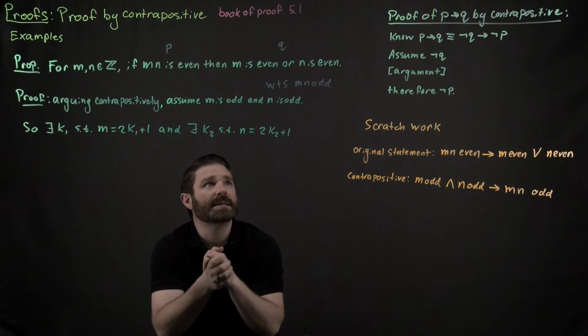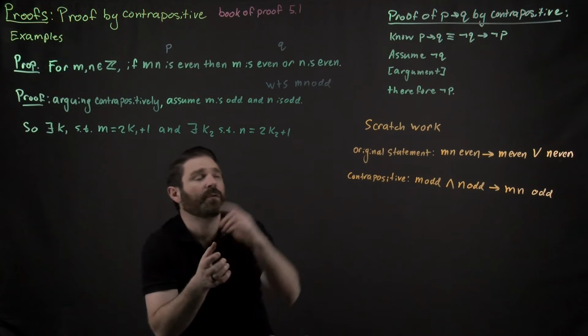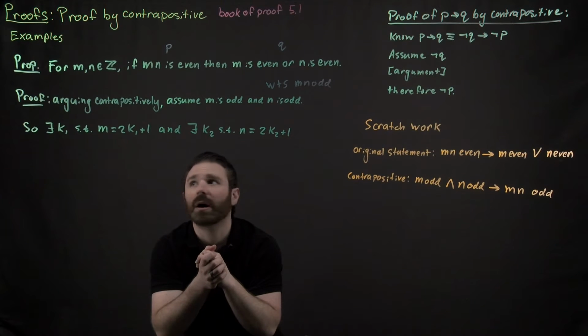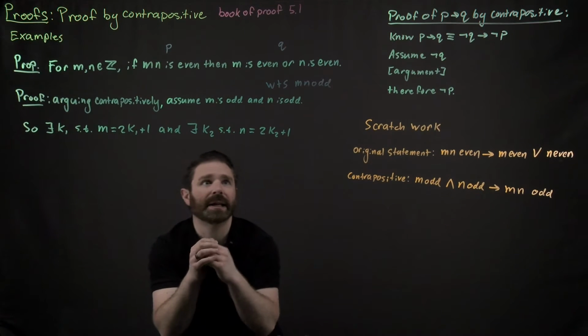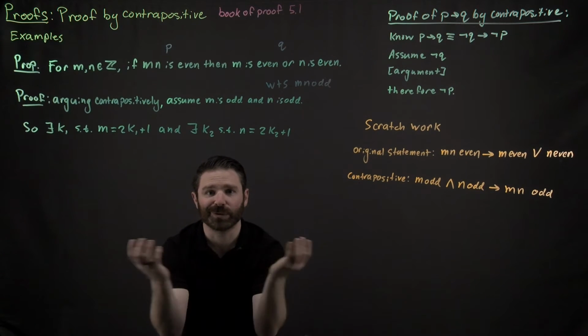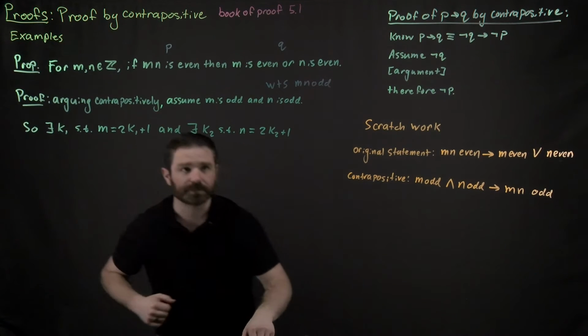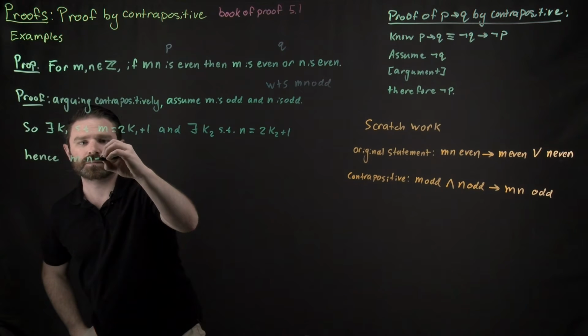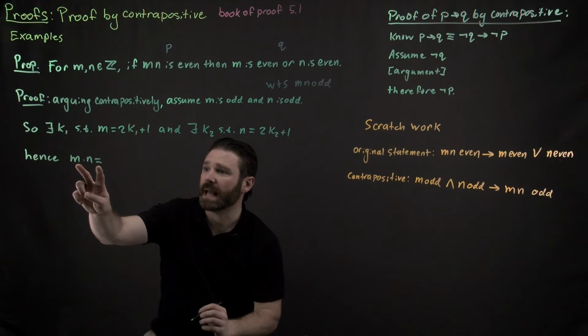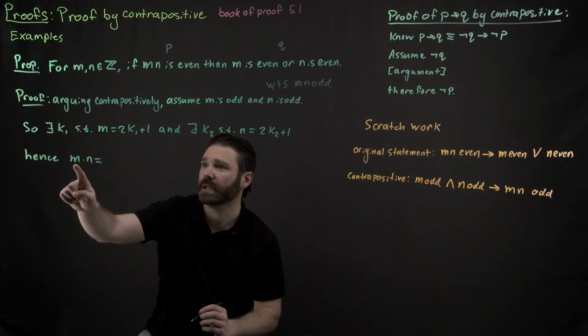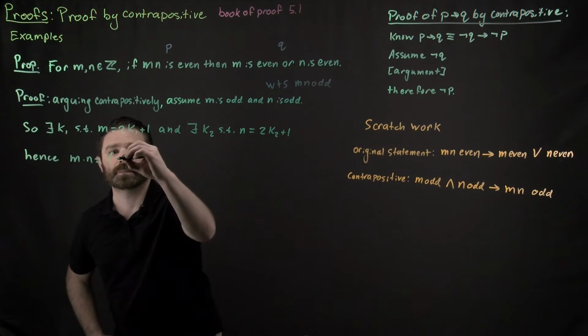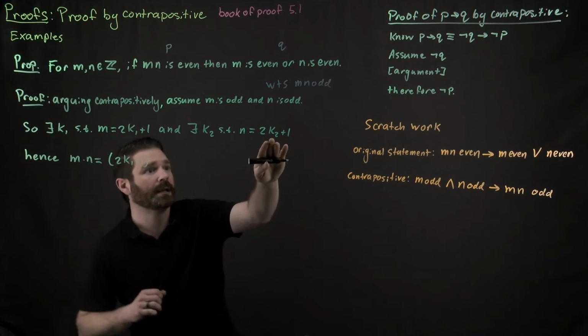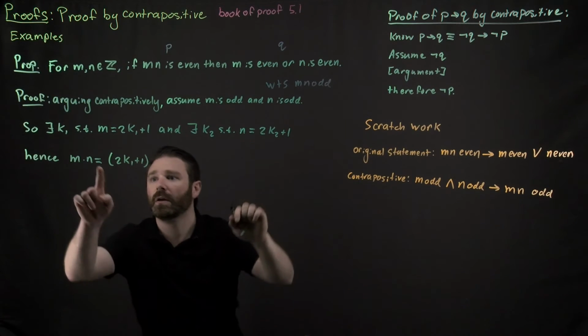And so the cool thing about this is it immediately makes us think, well, if what I'm trying to show is m times n is odd, and I have an expression for m and I have an expression for n, let's go ahead and just multiply them together and see what falls out. So I'm going to consider m times n. I'm going to substitute this expression in for m, and I'm going to substitute this expression in for n.